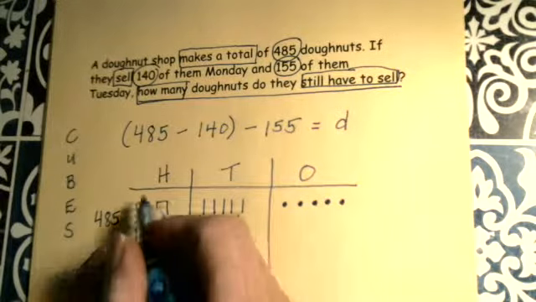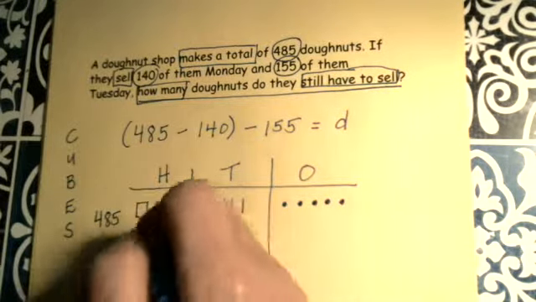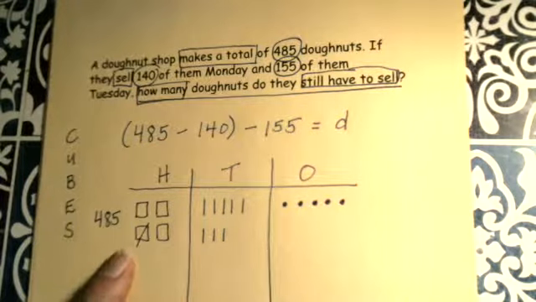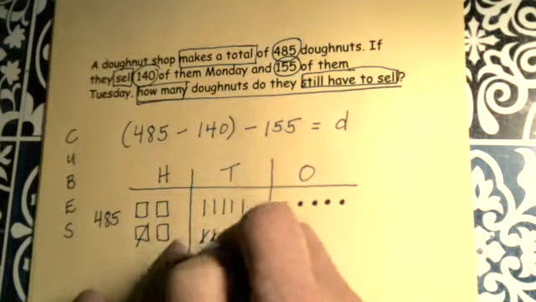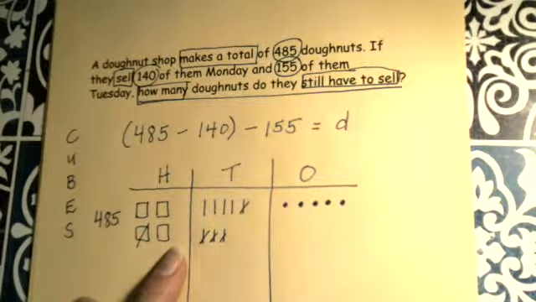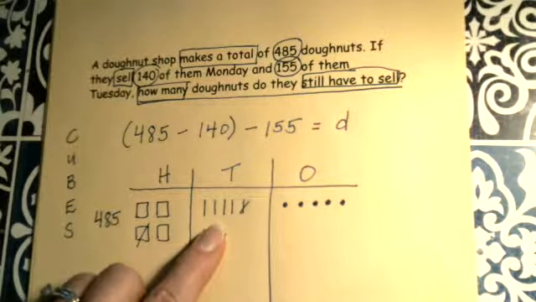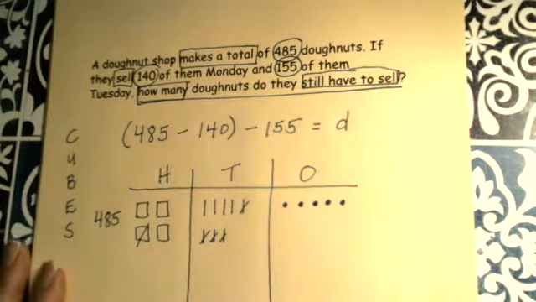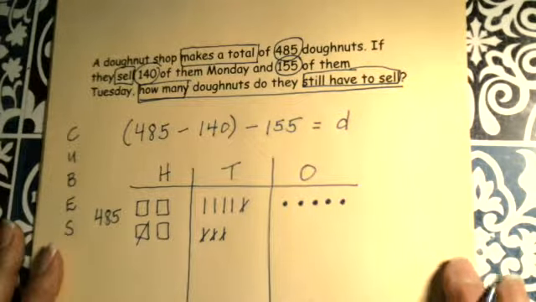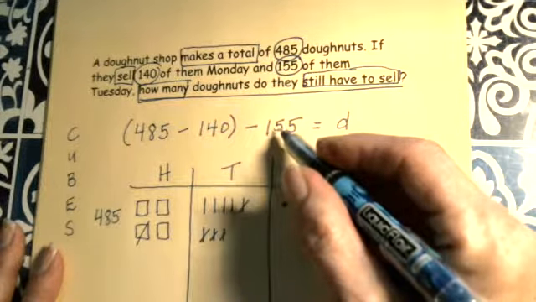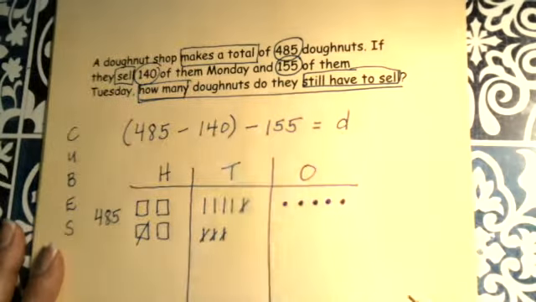So I look at the hundreds place. I need to get rid of 100. 4 tens, 3, 4, and so now I have 340, but I still need to get rid of 155. Now the first thing I look at, I see I need ones, tens, and hundreds.